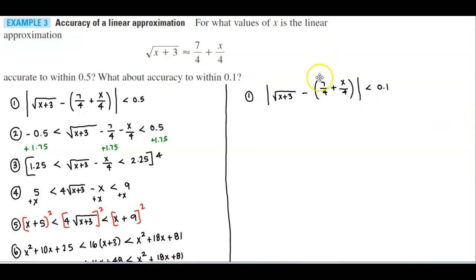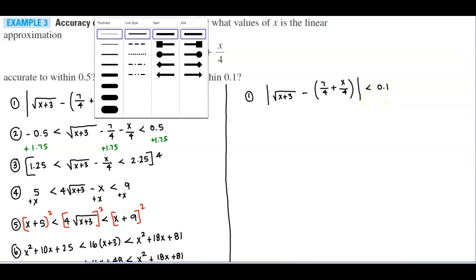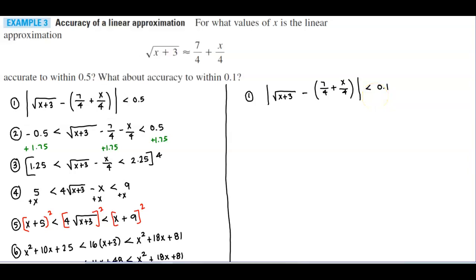Now using the absolute value, which is less than 0.1, we can say that this is in between negative 0.1 and the square root of x plus 3 minus 7/4 minus x over 4, and that's less than 0.1. Okay, so we're going to do something a little different here.